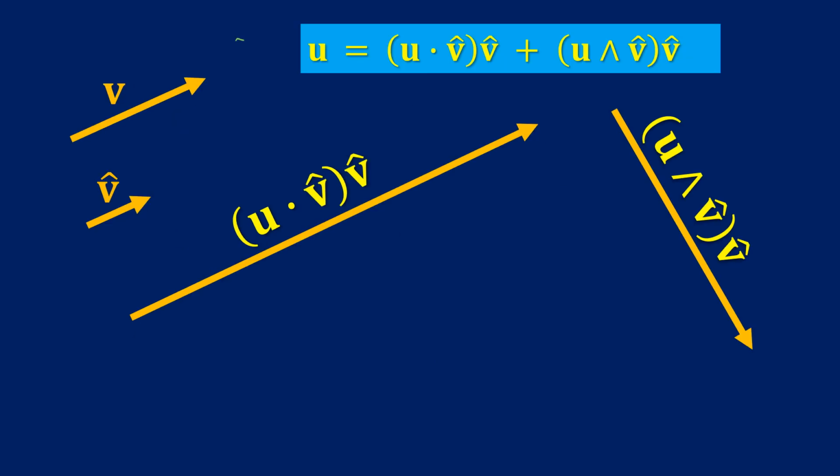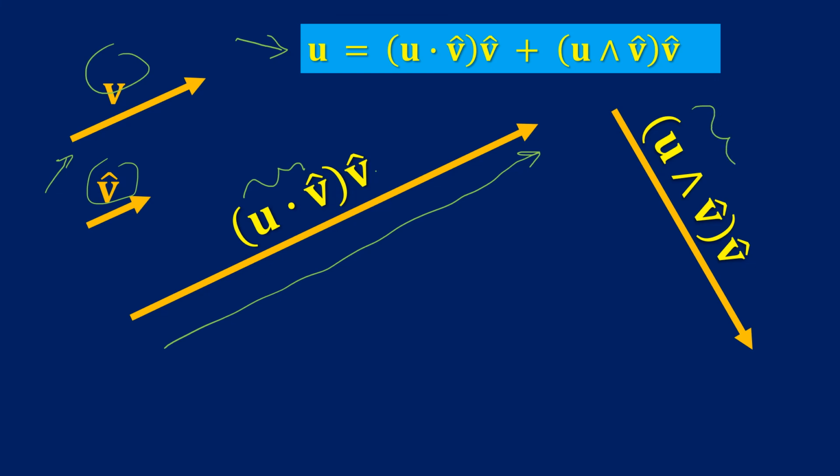Here I've just rewritten this for reference and to guide us. Let's say this is our vector v, and this is a unit vector of that same vector. Again, we will have found this scalar. We multiply it by the same vector v, and let's say that's the result. And the product of this bivector and the unit vector v is this thing.